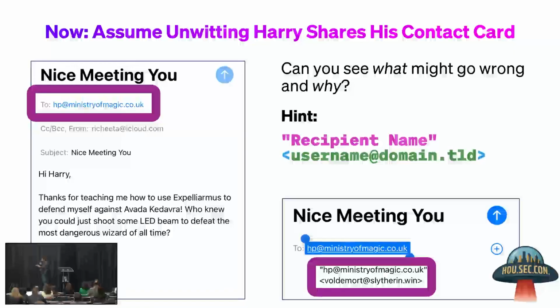So it looks like you're sending it to Harry, right? Unless you tap it and look very closely, and then you see it's actually treating that first email address as the name, but the actual recipient is Voldemort, right? And if Voldemort's around, you probably don't want them to know that you sent such an email.